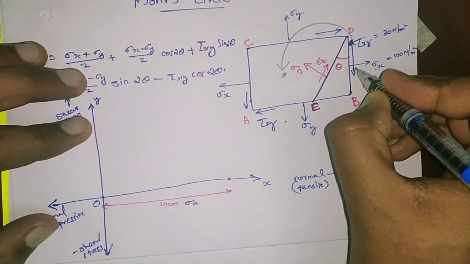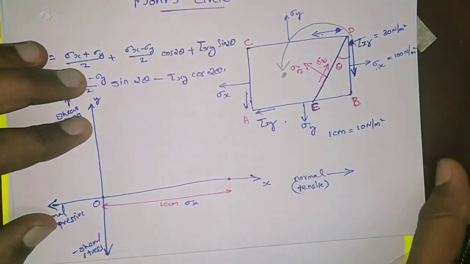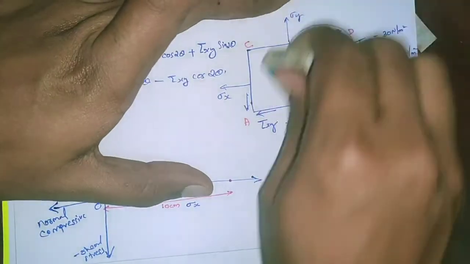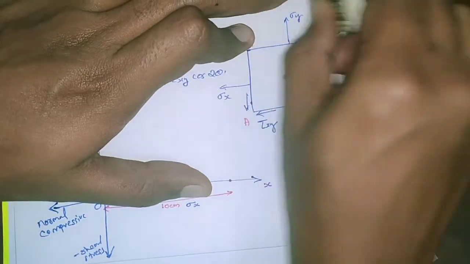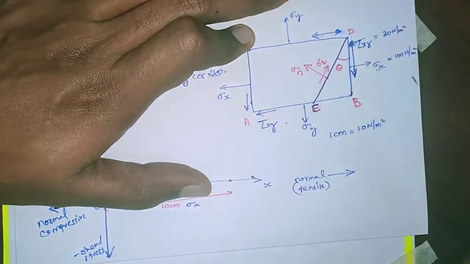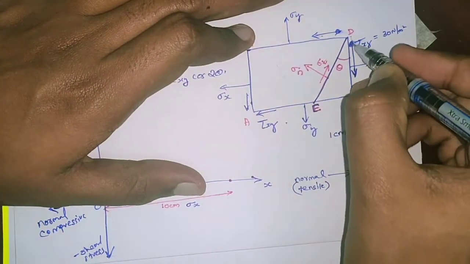This is the direction of tau xy: the tau xy direction is downward.